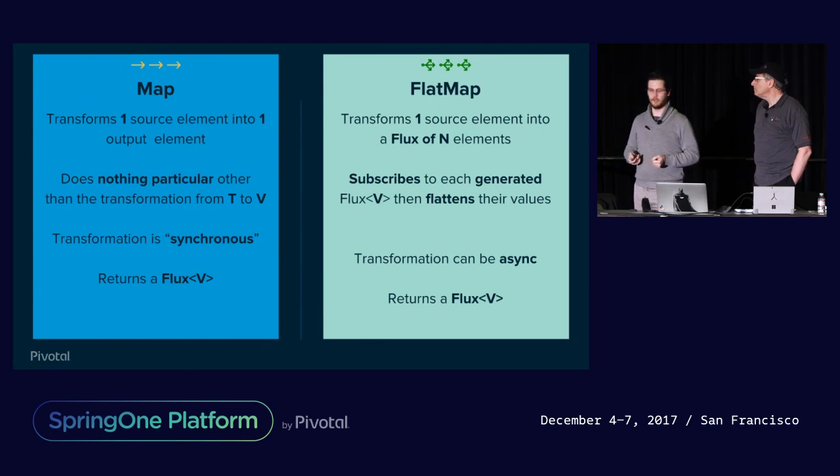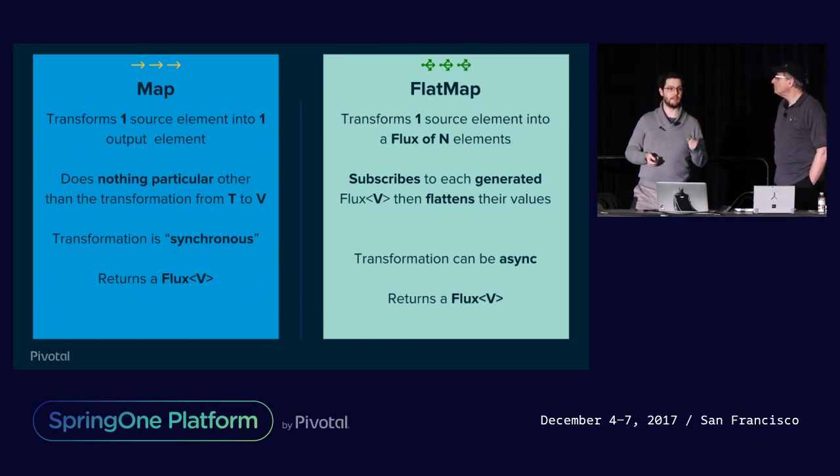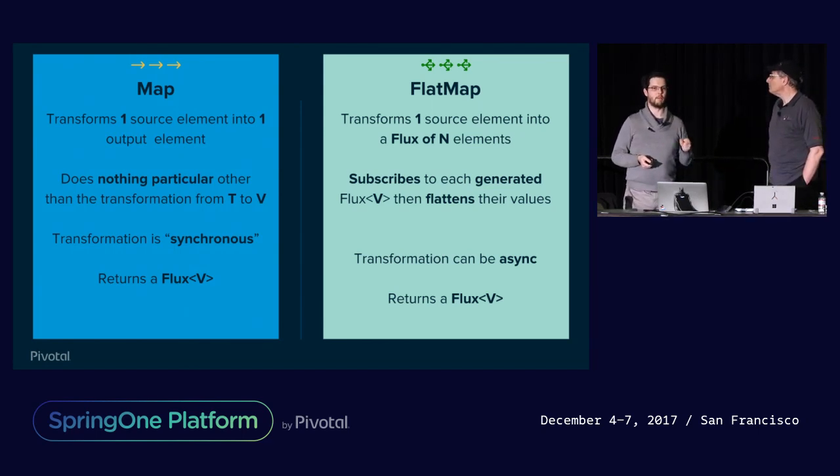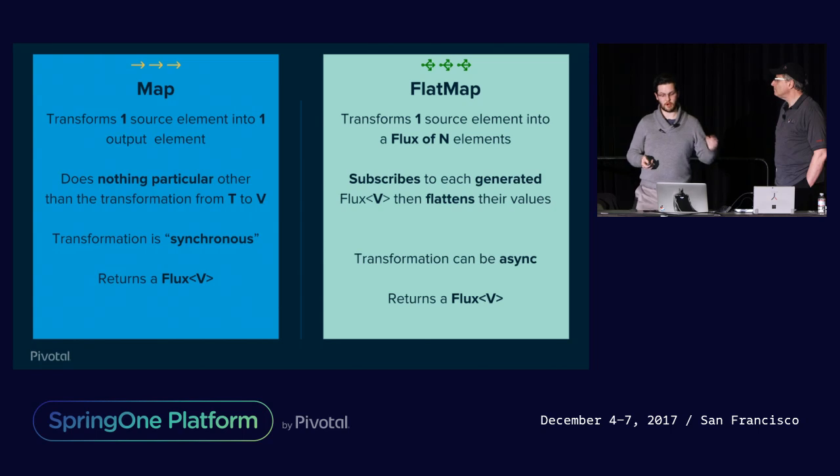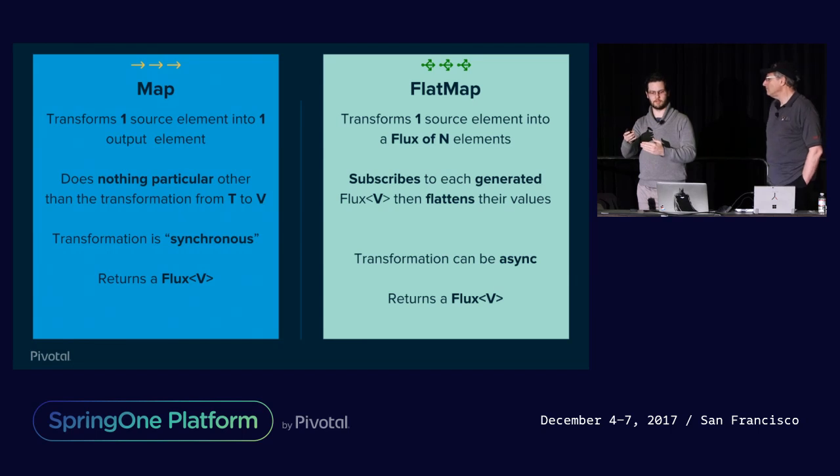That's because flat map knows that you transform into a publisher of something. So it knows that it can subscribe to that publisher, and it will. Flat map subscribes to each generated publisher, and then it flattens the values of all these publishers. So think of it as an asynchronous transformation that you want to apply to each individual source element.